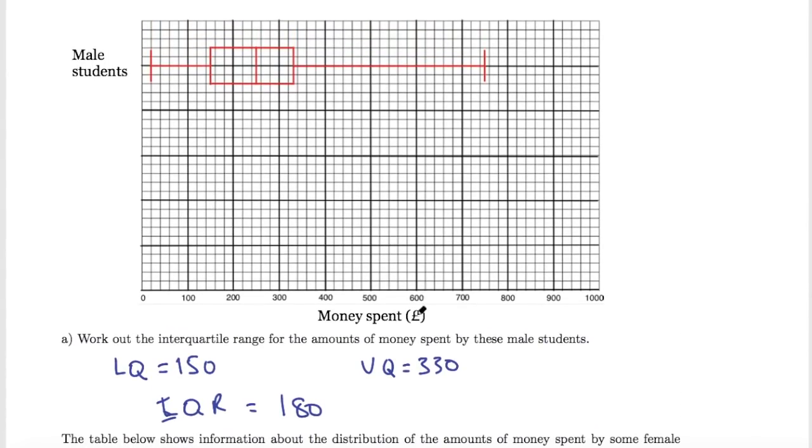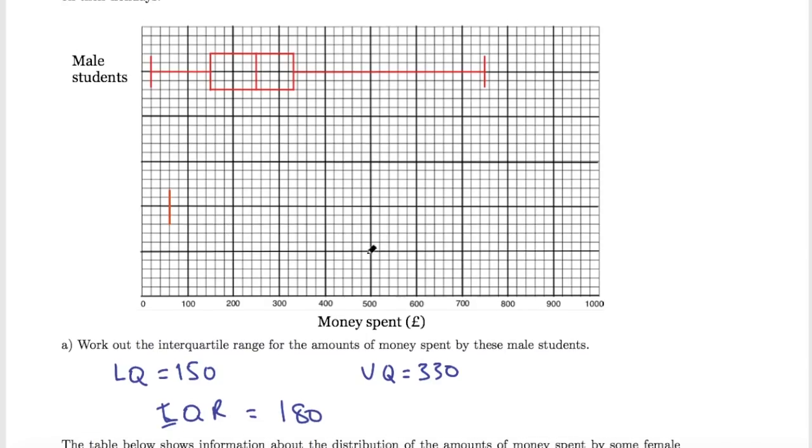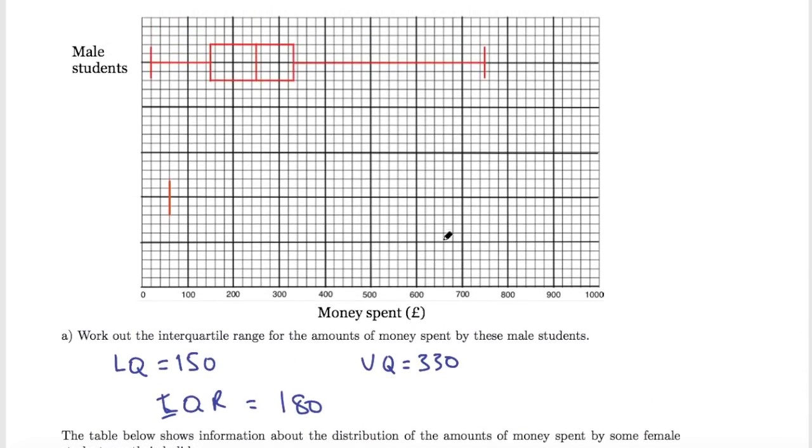And so let's draw it here. So we're given the minimum was 60. Okay, the maximum 650 in there somewhere. The median was 300. The lower quartile 180.